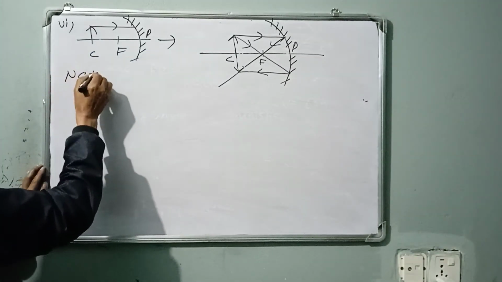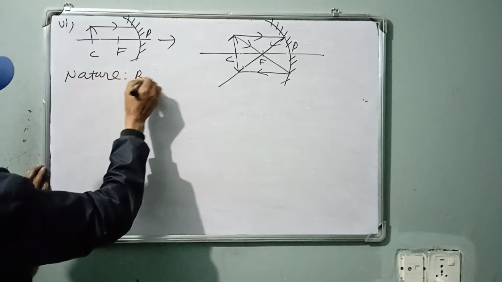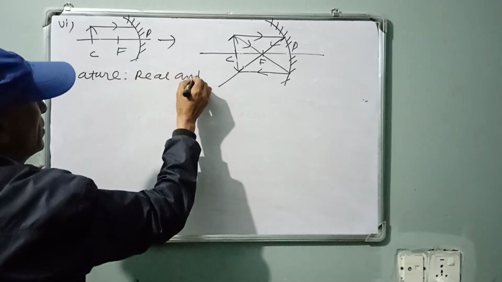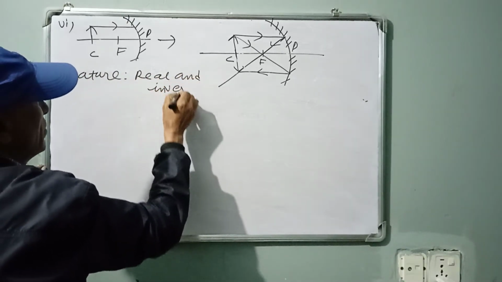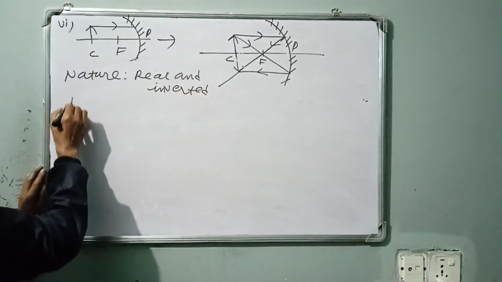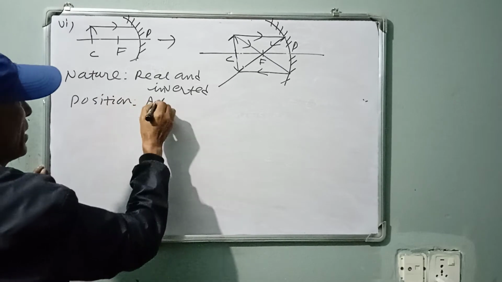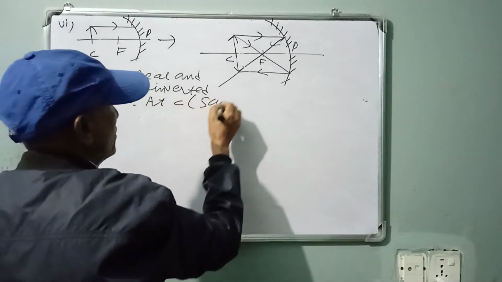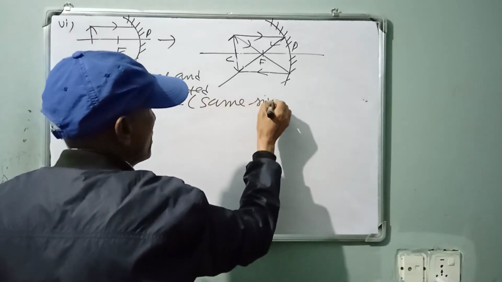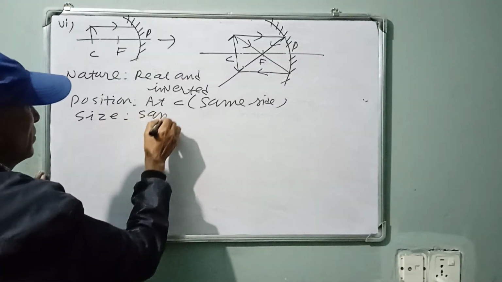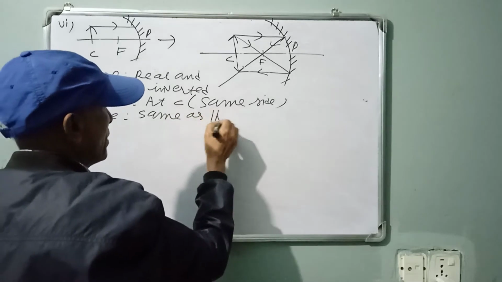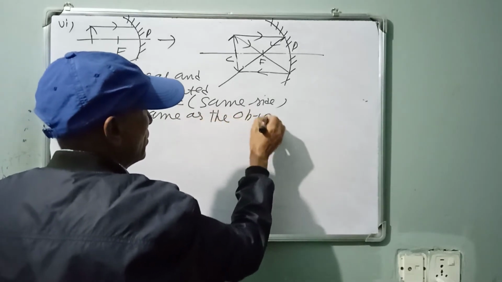The nature of the image is real and inverted. Real and inverted image is formed. Position at C, same side, same size. Size of the image same as the object.